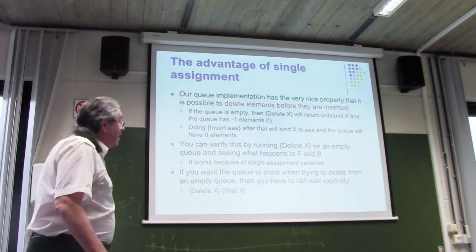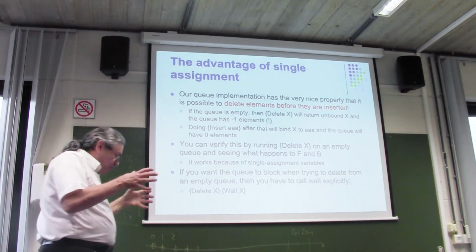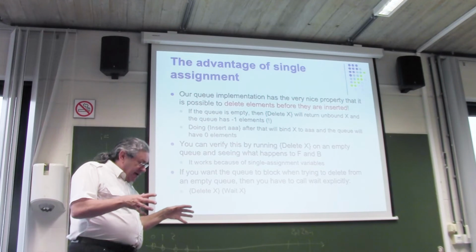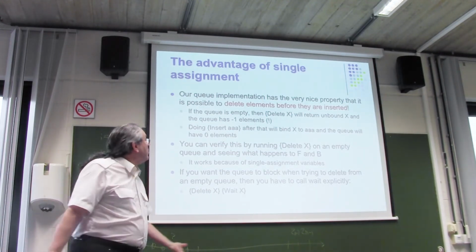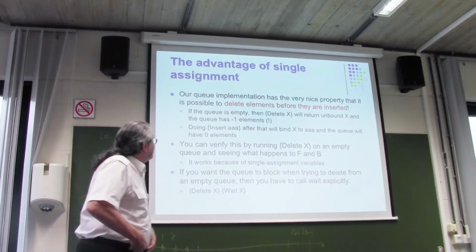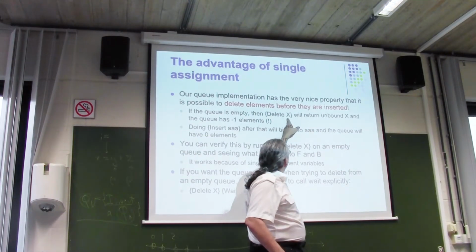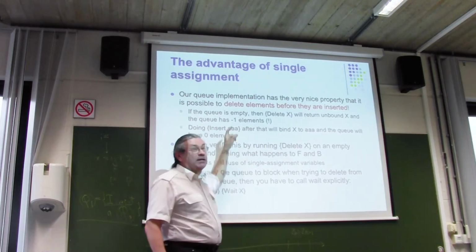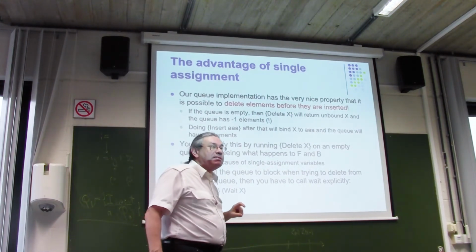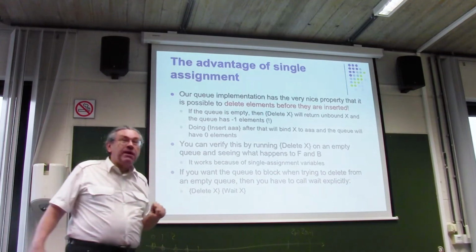The delete never waits. That means if the queue is empty, there's nothing there, and then you delete, what happens? Well, you will return an unbound variable, and the number of elements in the queue will be -1. How does that work?